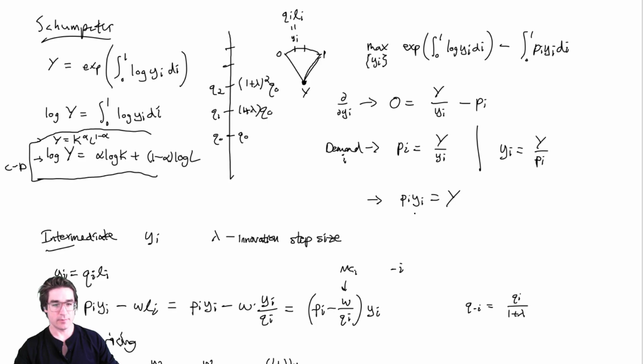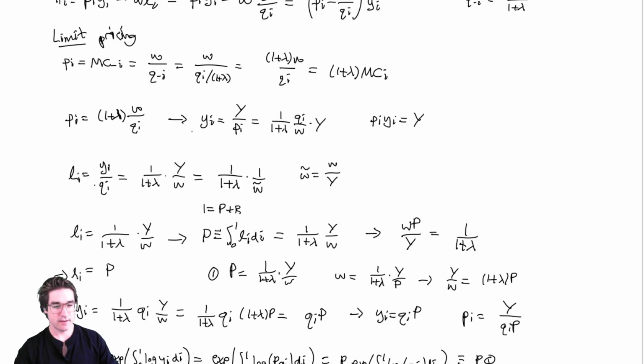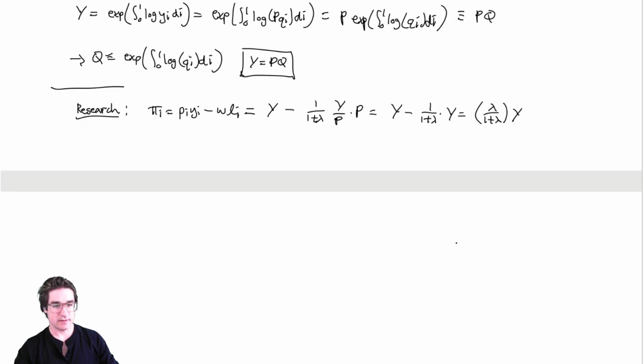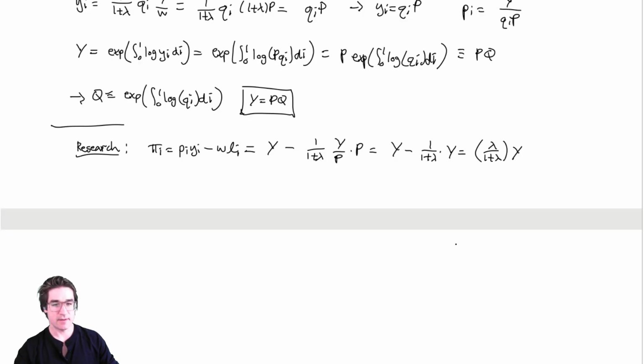Another implication of that is that the total revenue you're pulling in is Y. It's just a Cobb-Douglas thing. It's the same as how the cost shares are constant in Cobb-Douglas; it's the same manifestation of that. So to summarize, pi i is equal to lambda over 1 plus lambda times Y.